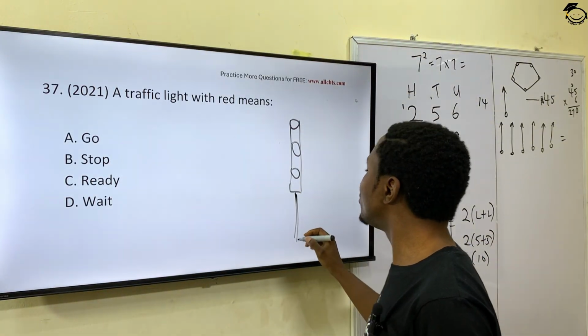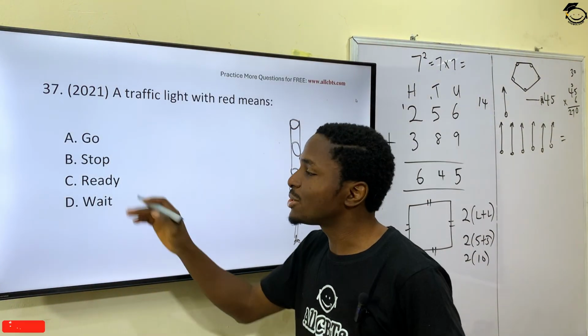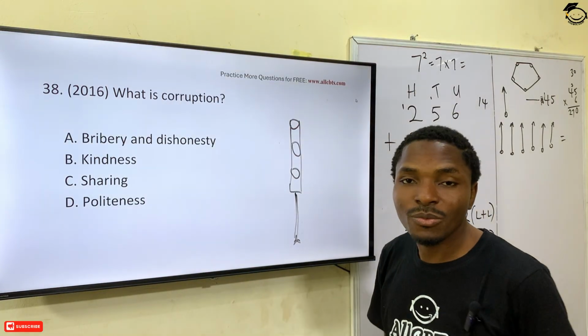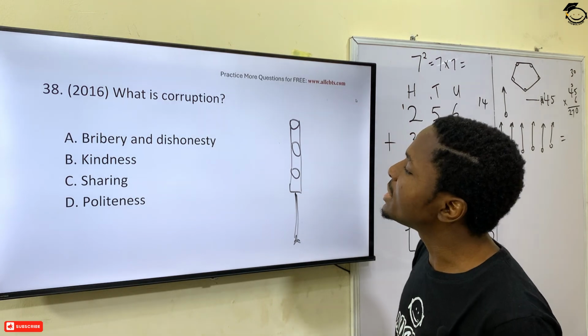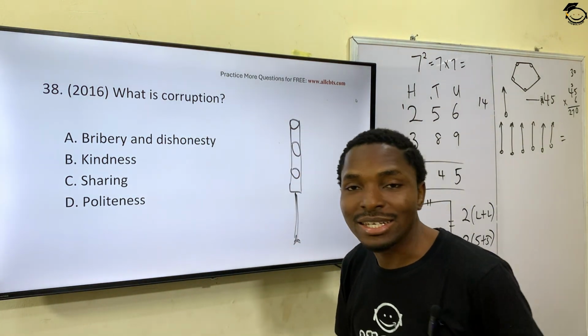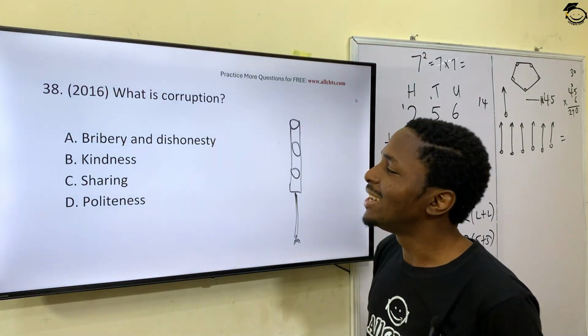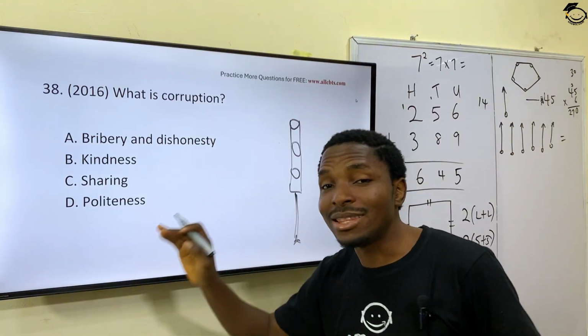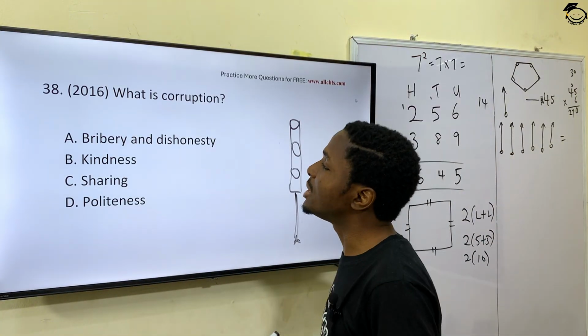Stop, don't go anywhere. So that's stop. Then 38. What is corruption? Corruption is bribery and dishonesty, as we find in our country. So corruption means bad stuff, bribery and dishonesty.